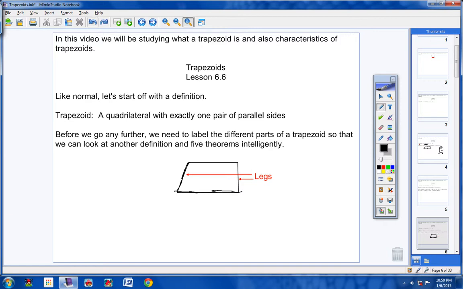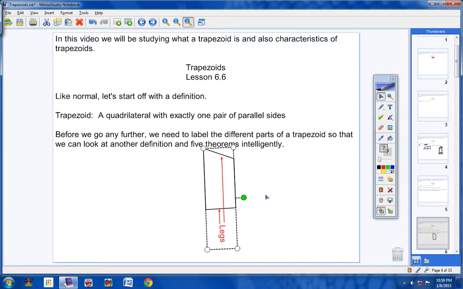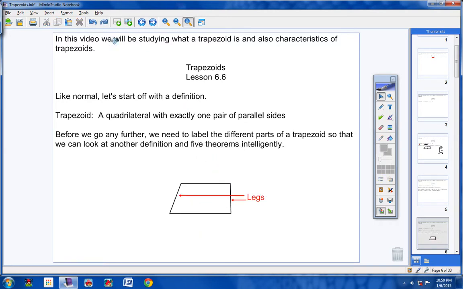And then notice the legs would be this side here and this side here. Now, please make note of this in your notes, students. Students get confused every year. They think these are the legs because these are the sides going up and down. So, they think if you take this and you turn it, then now the legs would be here and here, and that is incorrect.